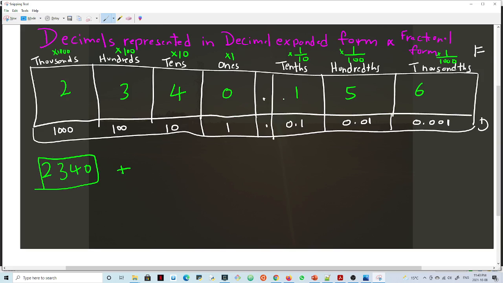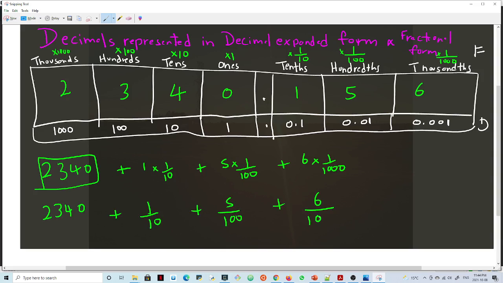part now. That's 1 times 1 upon 10 plus 5 times 1 upon 100 plus 6 times 1 upon 1,000. So this is going to be 2340 plus 1 upon 10 plus 5 upon 100 plus 6 upon 1,000.